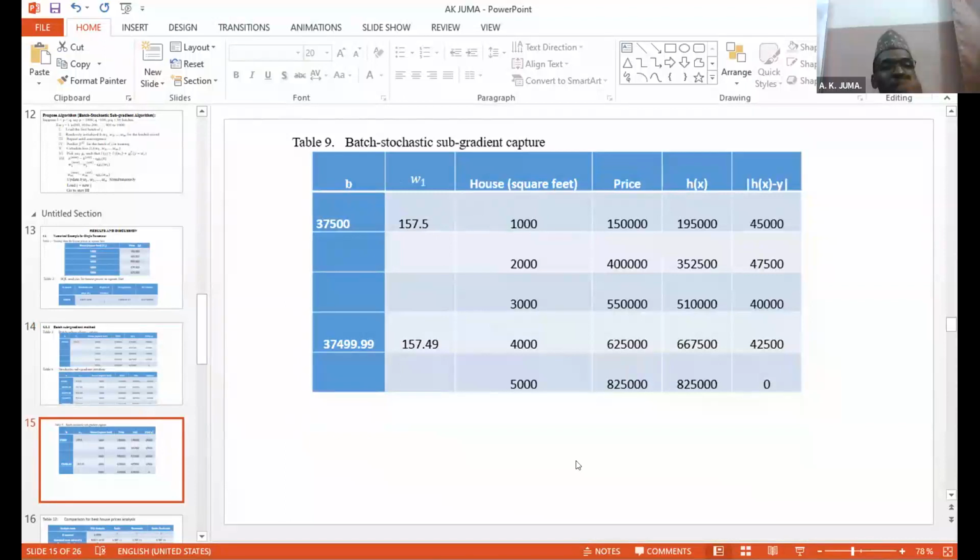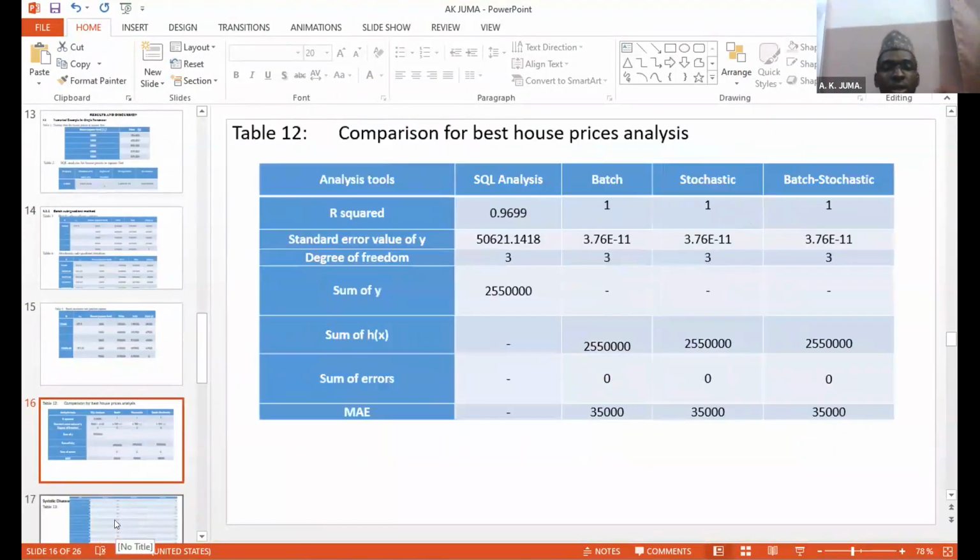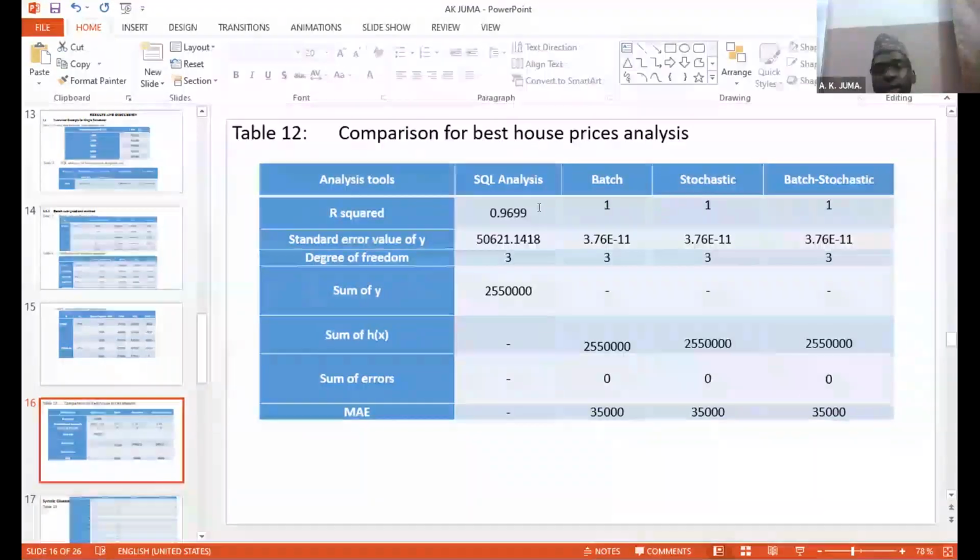While the next one is batch stochastic, we have divided our data into 2. So you see, after it reaches the 4th row, then it will reinitialize the parameters in convergence. So we make a comparison of the 3 methods. You see, using SQL under R square, the first row, SQL analysis gives 0.969.